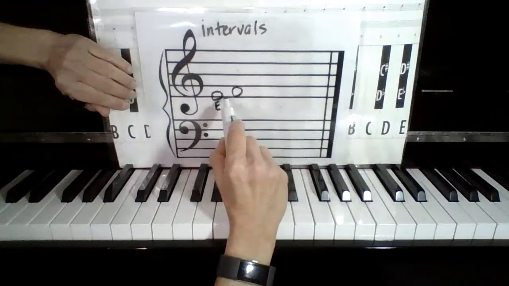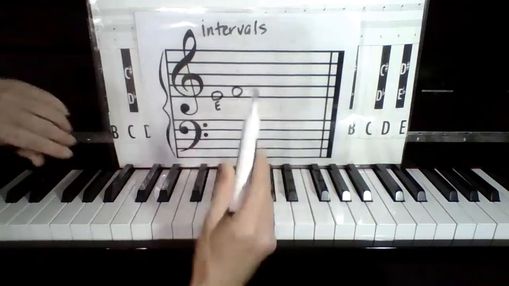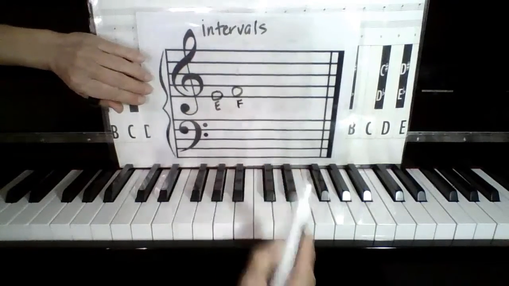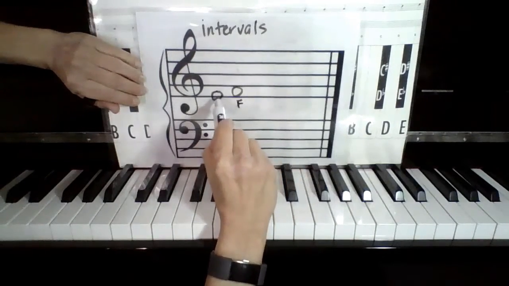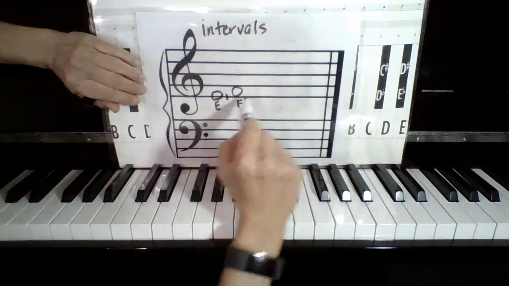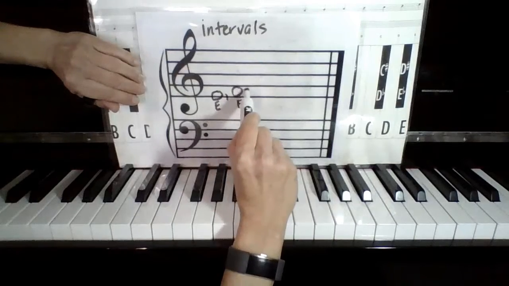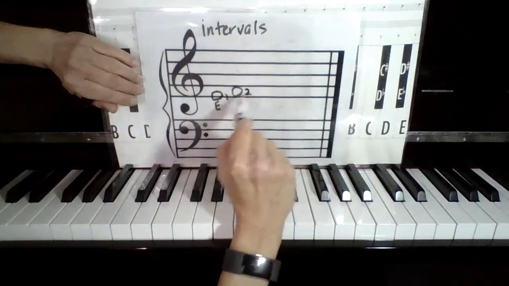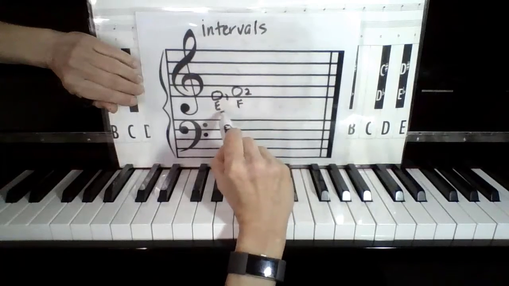We would have an interval from E to the next note up, which would be F. And so you start with your starting note, which would be E, that would be number 1, and then the next step up, you would go 2. If it's at 2, it's a second.